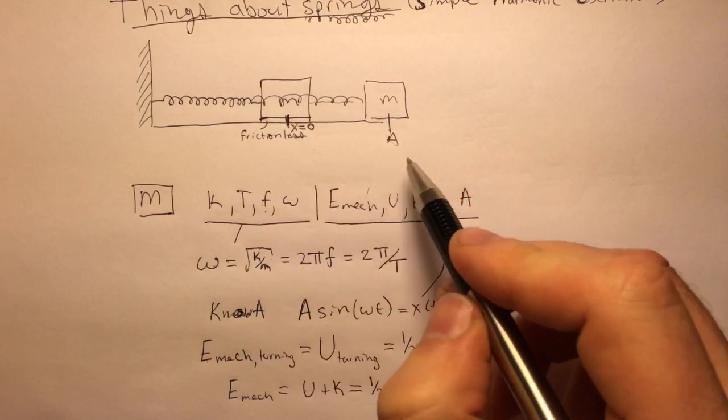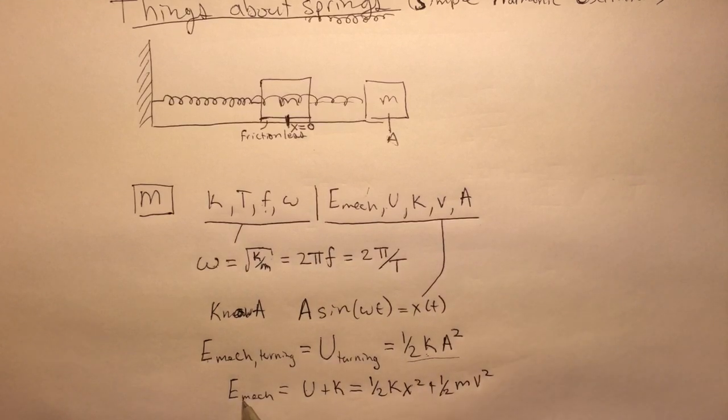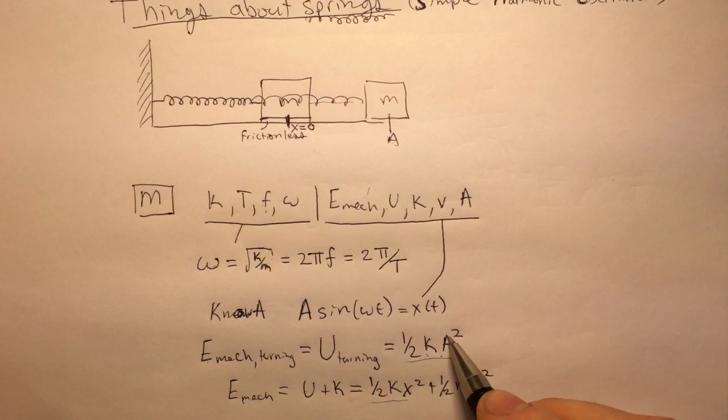So wherever you are, you know the total mechanical energy because you figured it out from the amplitude, and you also know the potential energy because you know where x is, so you can find the velocity. So just from the amplitude, you also know the velocity at any x. And you can know the kinetic energy if you know the velocity.